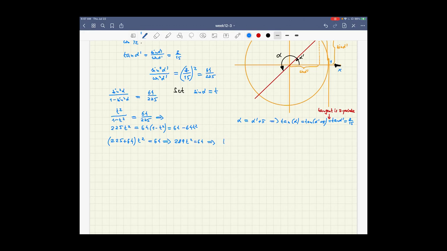And so from here, t squared equals 64/289. From here, t equals plus minus square root of 64/289. And 289 is the square of 17, so we get plus minus 8/17.